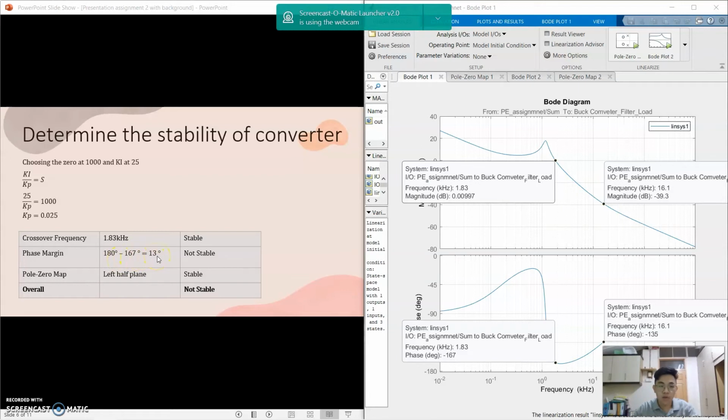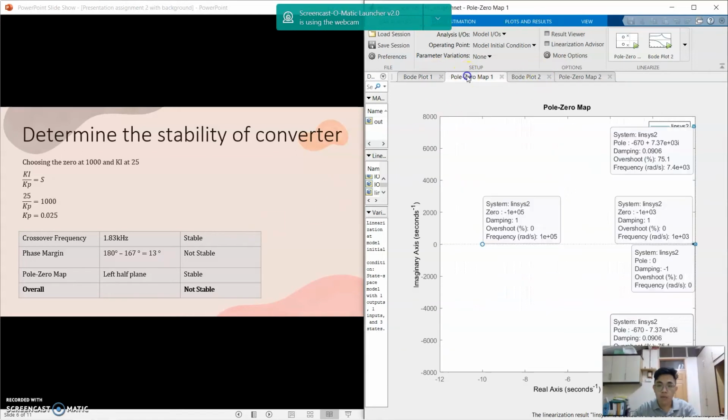It is considered not stable because it is not in between 30 degree and 60 degree. We also perform the pole zero map, and from the pole zero map, all of the zero and the pole are at the left half plane, so it is considered stable. However, overall, it is considered not stable because the phase margin is not stable.